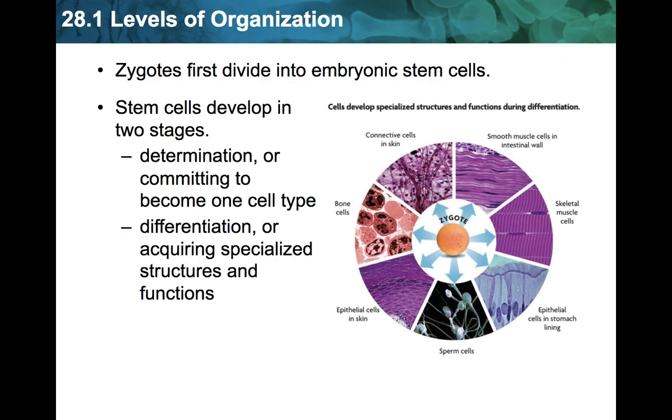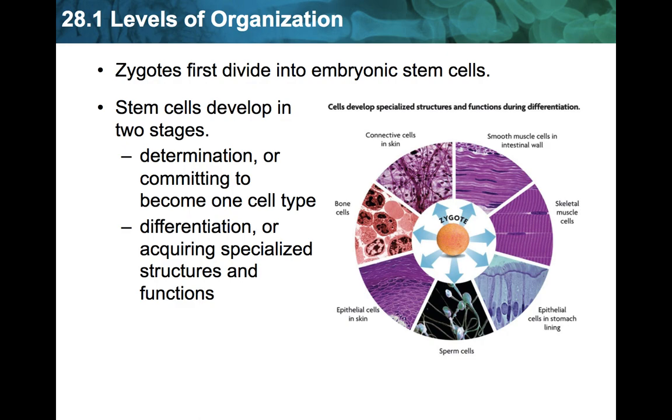Okay, now we're going to dive a little bit deeper into cells. So when zygotes first divide into embryonic stem cells, that's the differentiation part, which we talked about a couple of months ago. Basically, there's 2 stages to cell differentiation.